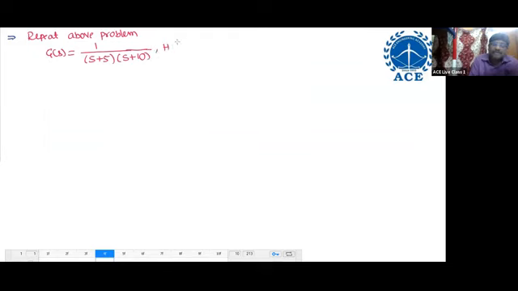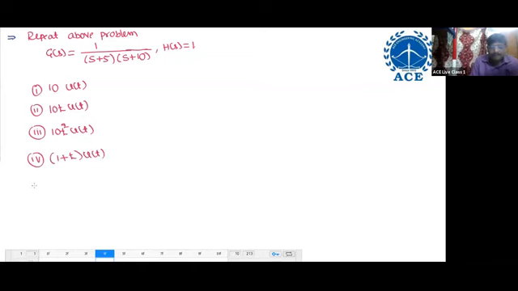H of s is 1. And the same inputs I'll take: 10 u of t, 10 t u of t, 10 t square u of t, 1 plus t u of t, 1 plus t square. Come on, do it.